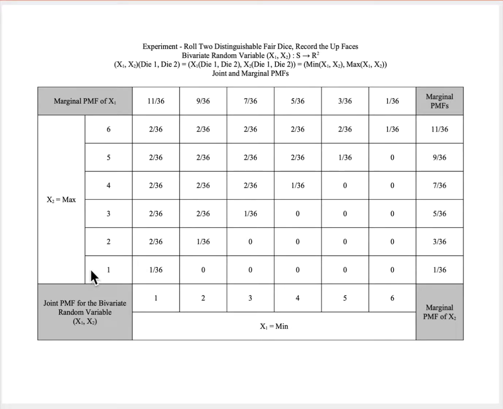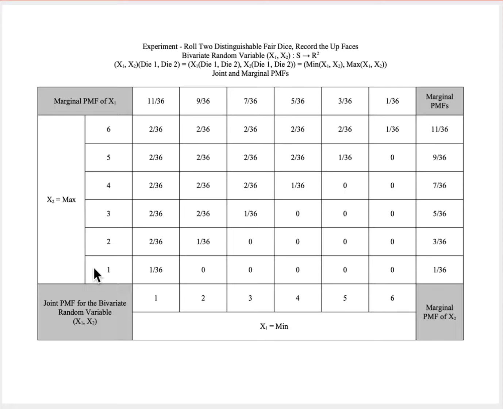And so for each of these values, x2 equal to 1 through 6, we're going to find the conditional PMF of x1 given that value of x2.